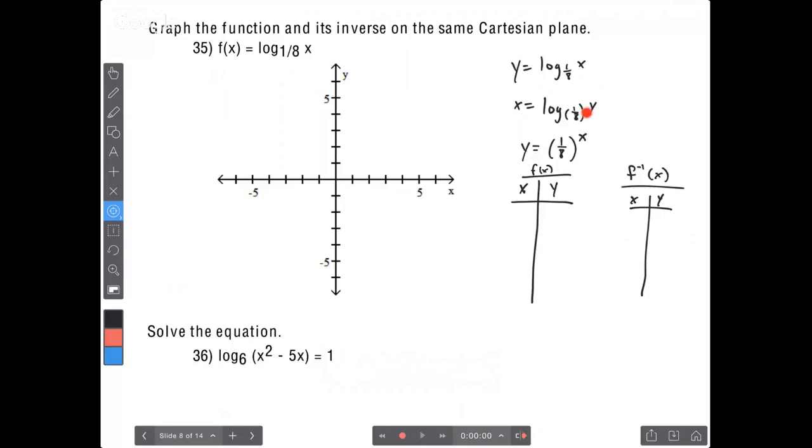Then I'm going to solve this function for y, and that will be the inverse function. So here, log base 1/8 of y turns into y equals 1/8 to the x. So here's f of x. Here's its inverse.